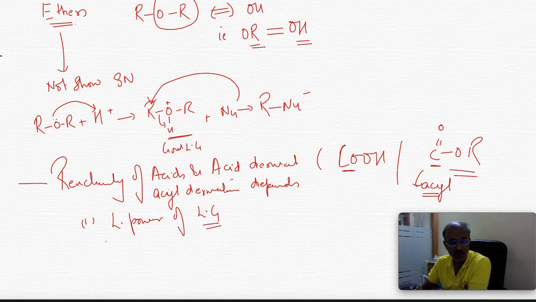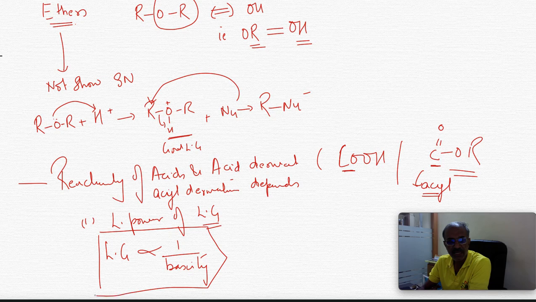Now, as I have told you, leaving power is inversely proportional to basicity. This is very, very important. Weaker the base, better the leaving group. So I will write basicity in decreasing order.